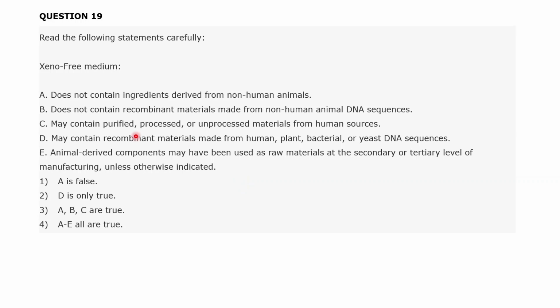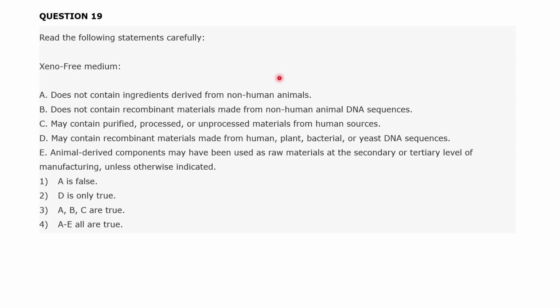All the options are correct, right? So basically, xeno-free media is a media which can use some components that are derived from humans, but it cannot use ingredients obtained from non-human animals. Other than humans, they cannot basically use them. Plants, bacteria, yeast DNA sequences they can use, or any other source, but they cannot use components derived from non-human animal sources. So the first option, does not contain ingredients derived from non-human animals, is correct.